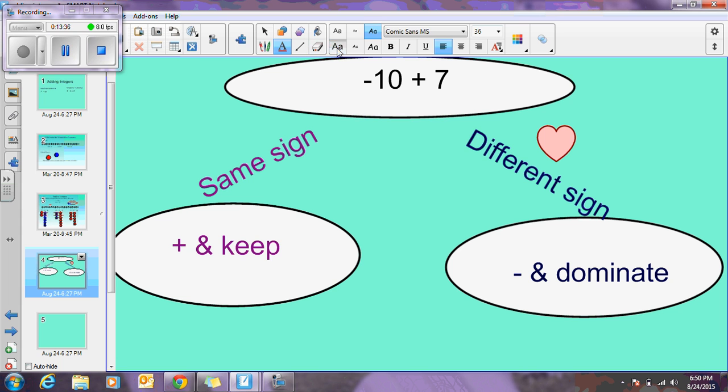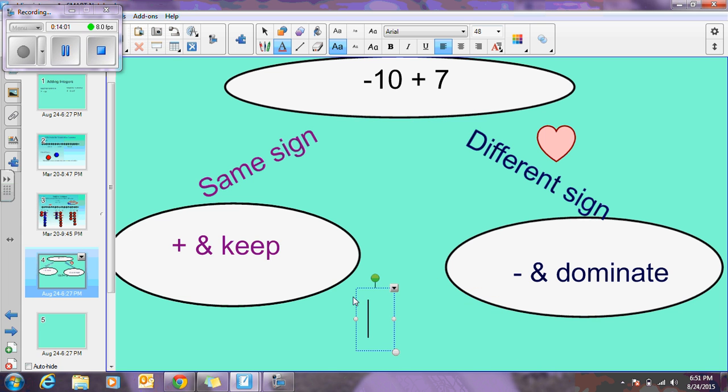Okay, well, when I talk about subtract, I can really only do 10 take away 7. 10 take away 7 is 3. And which one dominates? Which one's technically like the bigger absolute value? 10, and he's negative. So your answer is -3.